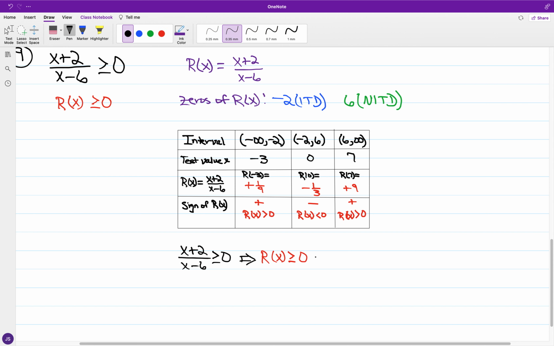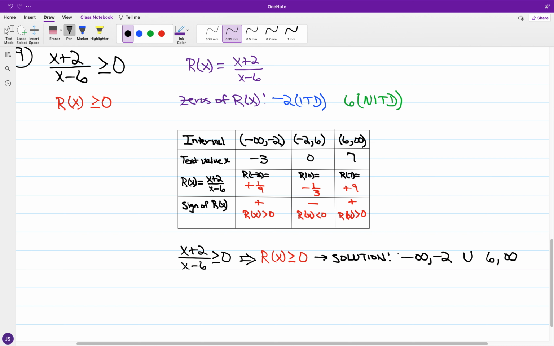And we have in the case of the solution, in the same direction as where r of x is greater than 0. So again, we're involving negative infinity and negative 2, as well as 6 and infinity.